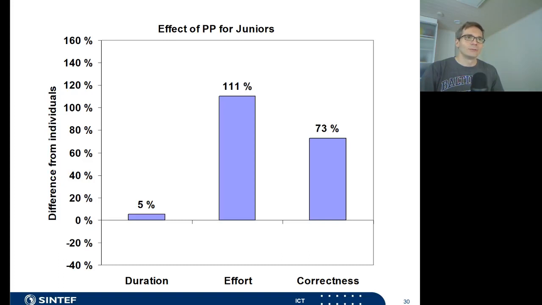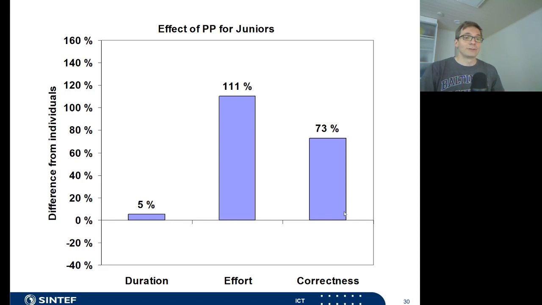More detailed analysis shows that the effect of pair programming for junior programmers was different from the average. We can find that the duration in pair programming was increased by 5%, which is negative. We can also see that the effort increased by 111%.